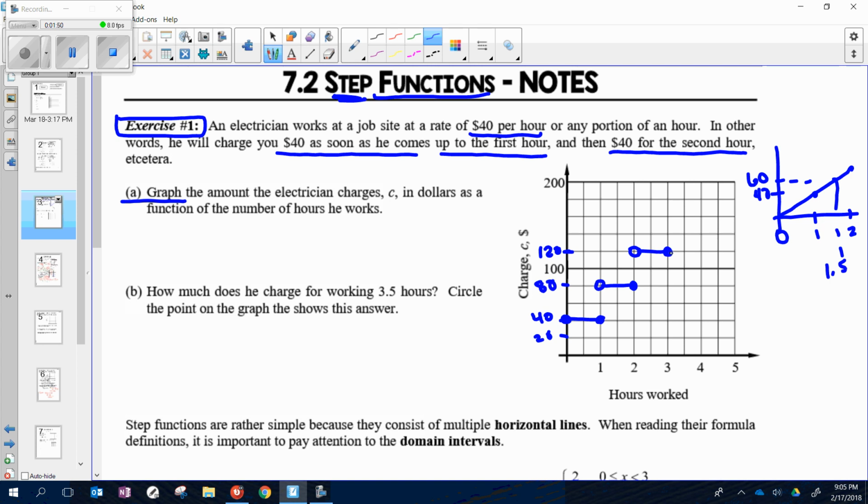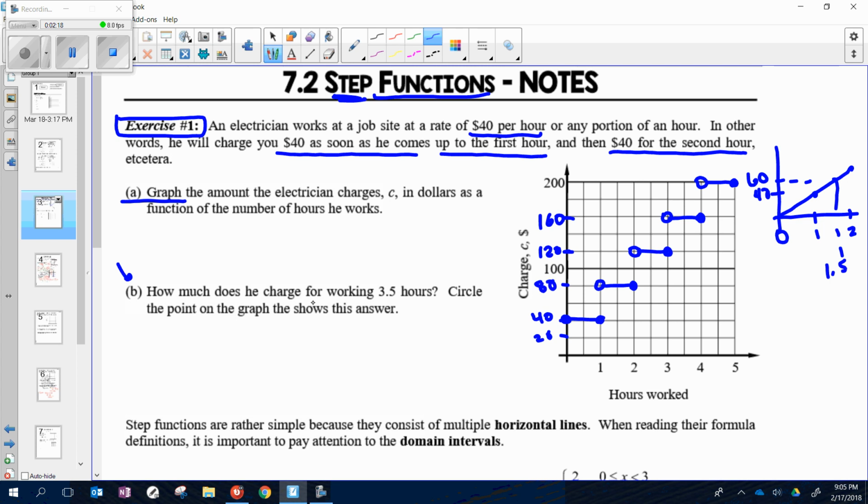So if you go over 3 hours, you will be paying $160 into this hour. And if you go over 4 hours, you're going to have to pay $200 for into the fifth hour. Okay, so that's the cost as he works different hours. It's called a step function. I bet you can't guess why. Looks kind of like steps, right?